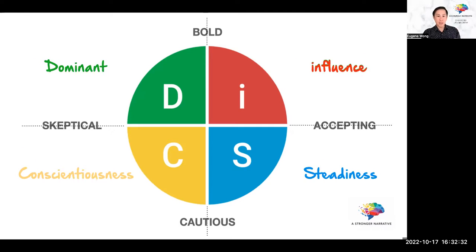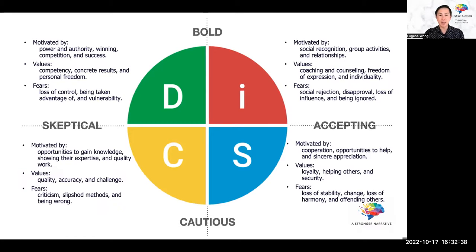So when you're thinking about how to deal with each of these, think about, if you're a steady person and you deal with someone who is dominant, instantly you'll know that when you talk to them, you don't need to tell them all the details. You just need to tell them the main facts.